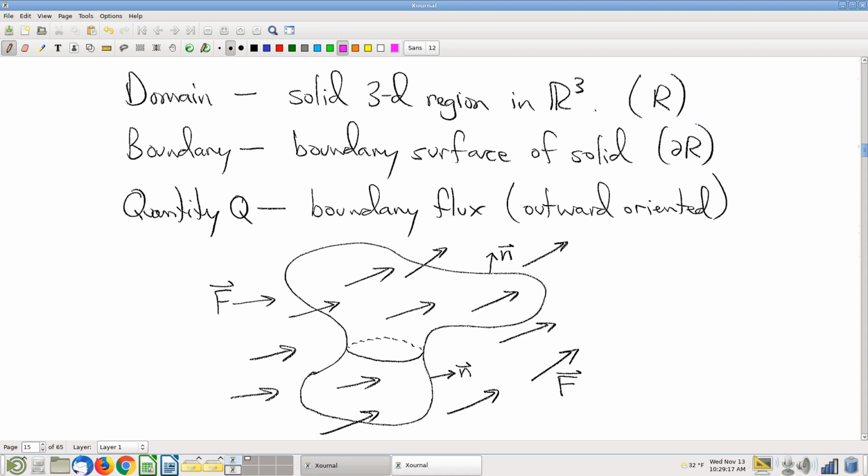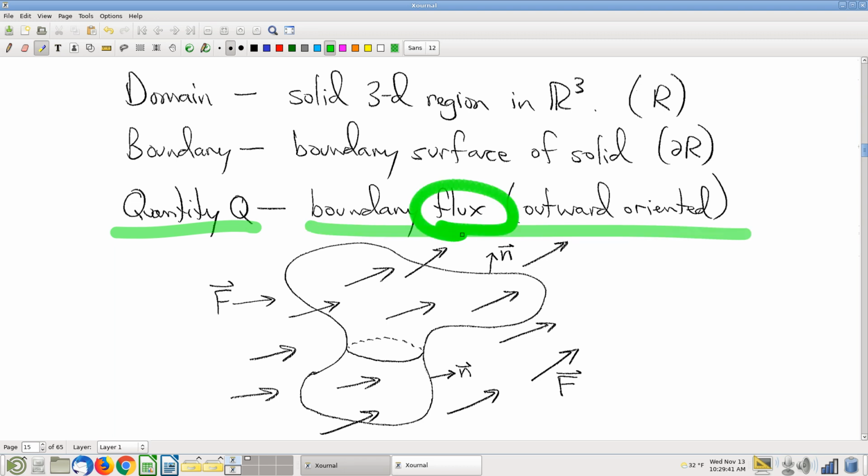Okay, so we have a boundary. We're going to talk about something that's computed on the boundary, and we're going to observe that quantity, whatever it is, is going to accumulate over the solid interior. So what is the quantity? Well, not change, and it's not circulation. Here, the quantity of interest, we're going to look at flux. Now, the quantity computed on the boundary.